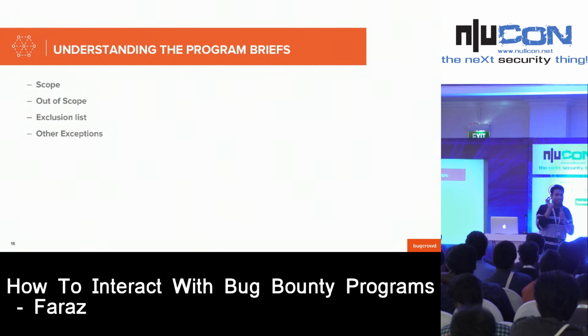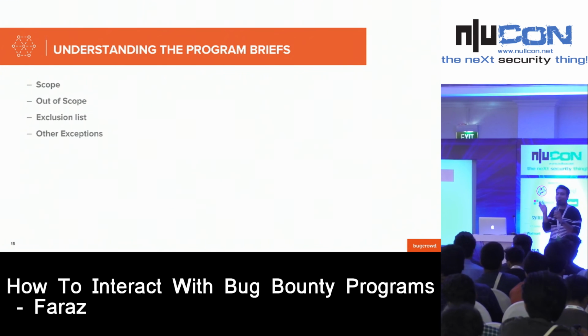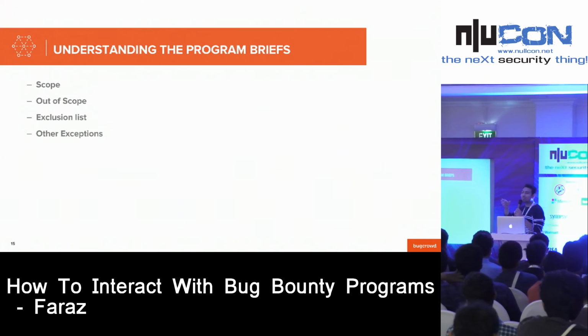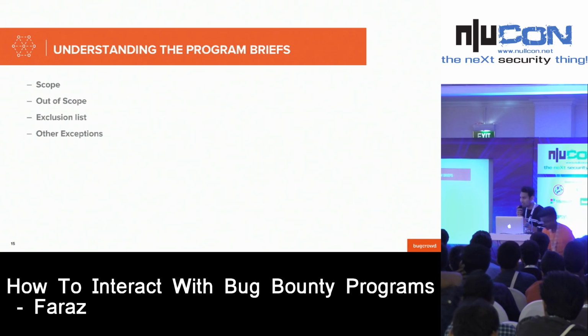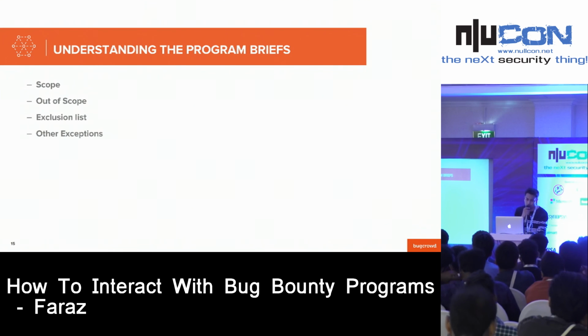But there might be a section which says out of scope, and docs.something.com is out of scope. That is a testing domain. So wait before you go ahead and submit a bug on docs.something.com. Check the out of scope section too.